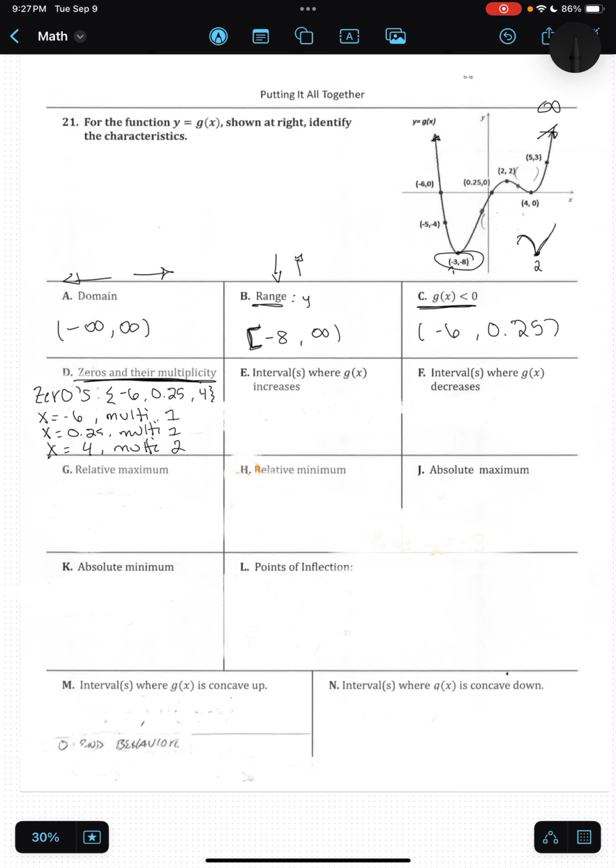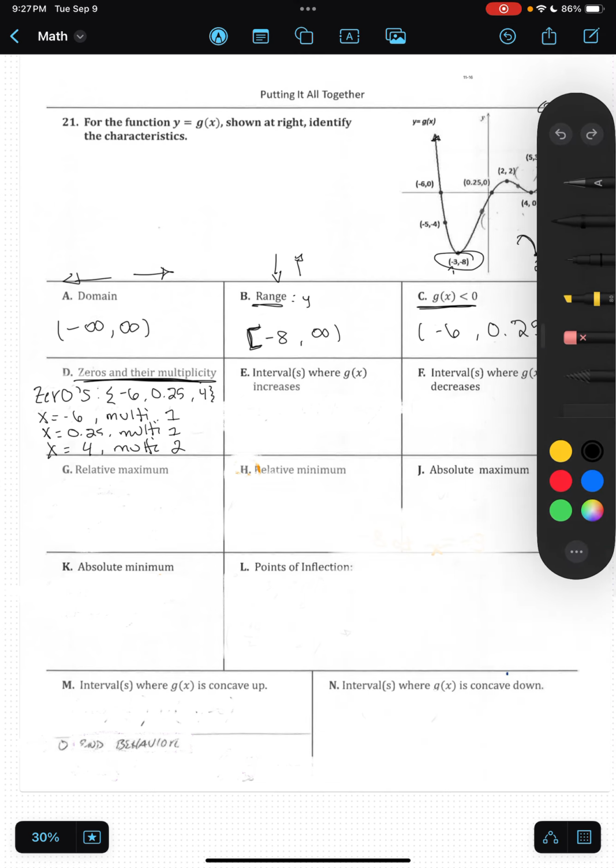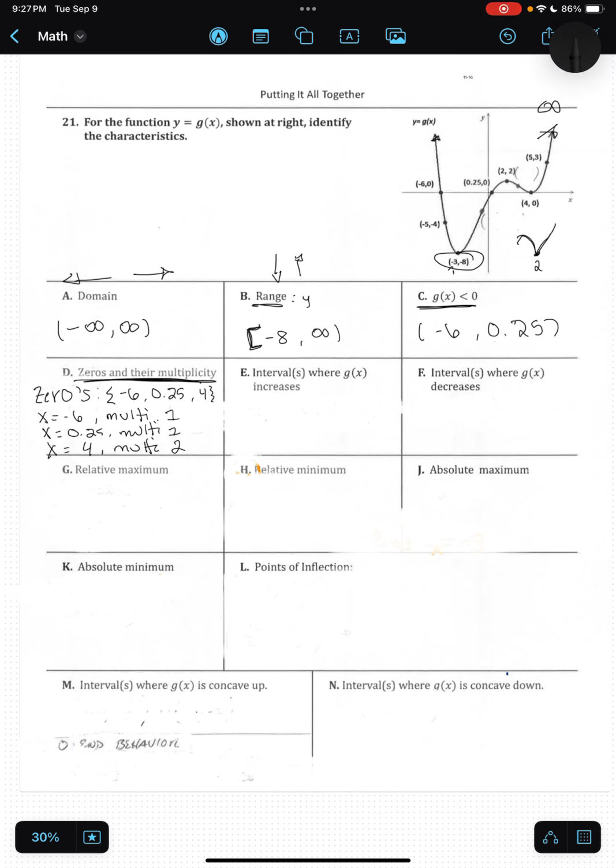So now intervals where g of x increases. Hold on guys, I need to start using my finger because my pencil died. So g of x is increasing from -3, -8 to 2, 2. And then again from 4 to infinity. Do you guys see?